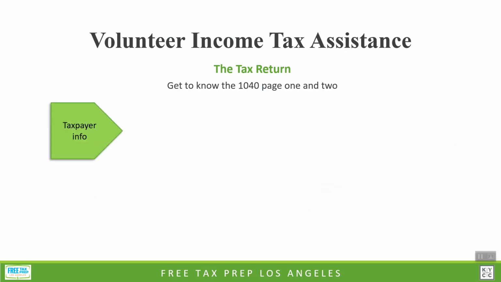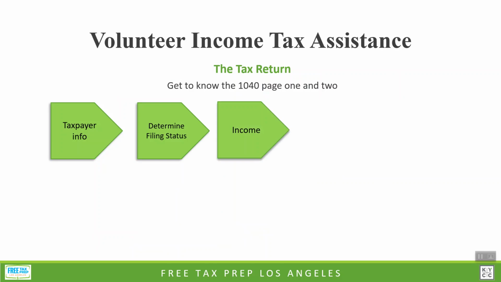So now let's just go back to getting to know the Form 1040. In the beginning, we got all the taxpayer information, and then we determined their filing status, and then we added up all the income and then applied any sort of adjustments, as well as applied either the standard deduction or itemized deduction.